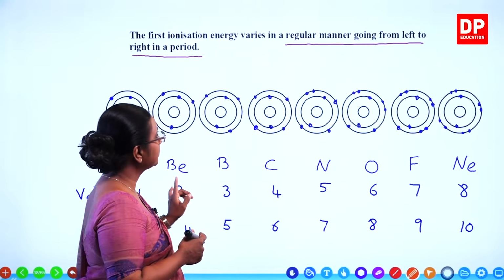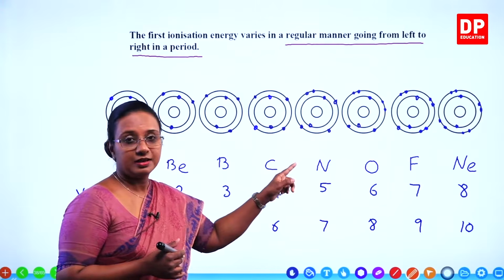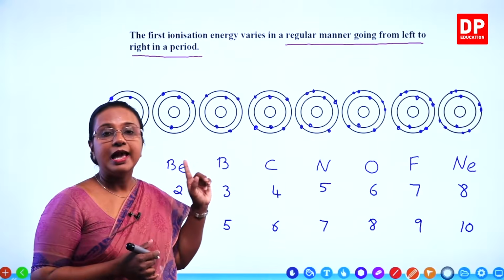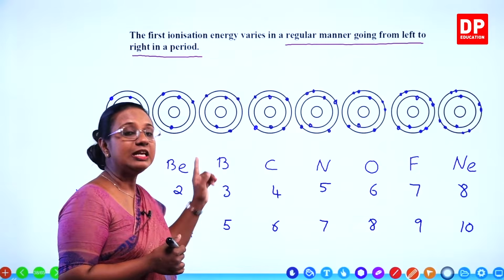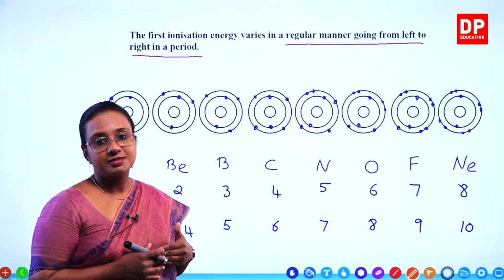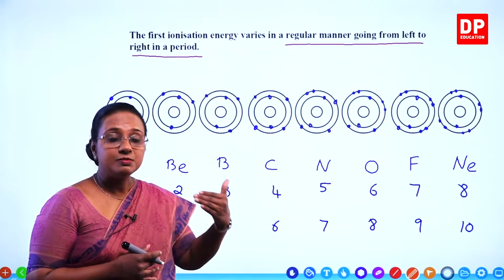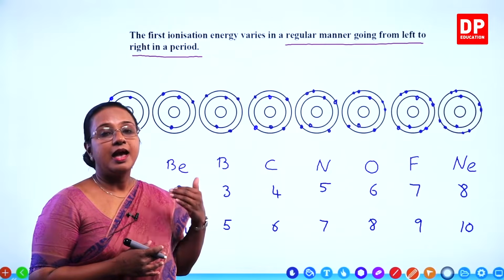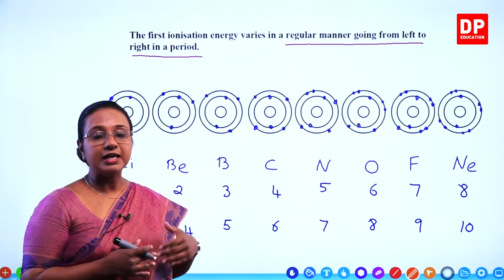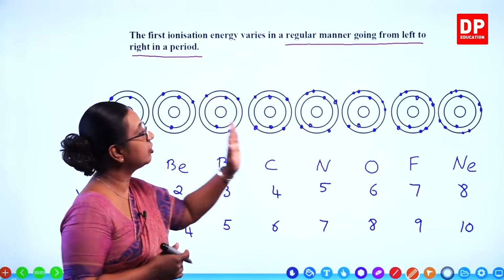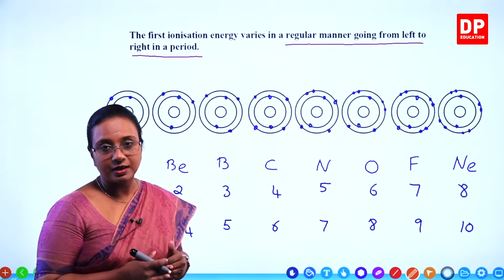So, as you can see, along the period, the nuclear attraction on the electrons increases. Therefore, it's more difficult to remove an electron, and we have to supply more energy when we go from left to right along the period.